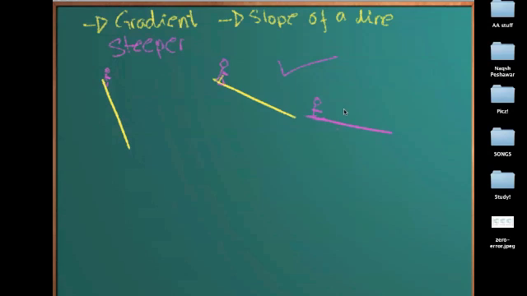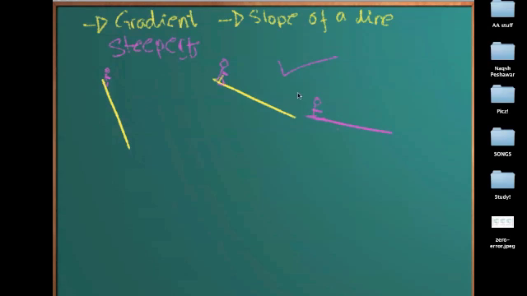It's nothing at all. Why? Because this is the steepest of all the three lines. This is a little less steep than this one, and it's steeper than this one, and this one is the least steep.